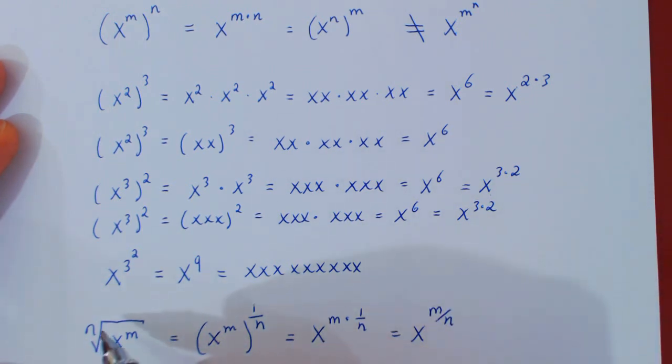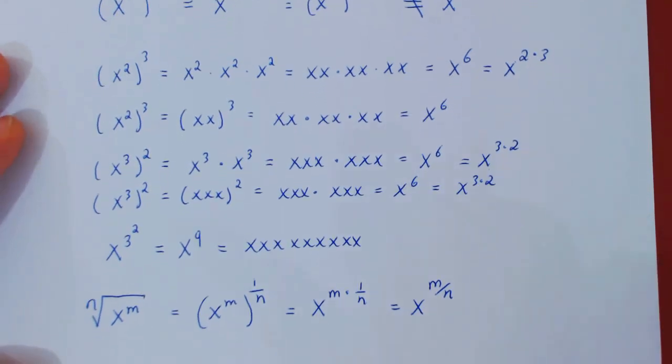So if you ever see a root of an exponent, you can combine by multiplying the m with the root, which is a 1 over n. So you can think of it as any root is a division by n, therefore x to the m nth root of it is x to the m divided by n. And that's it.